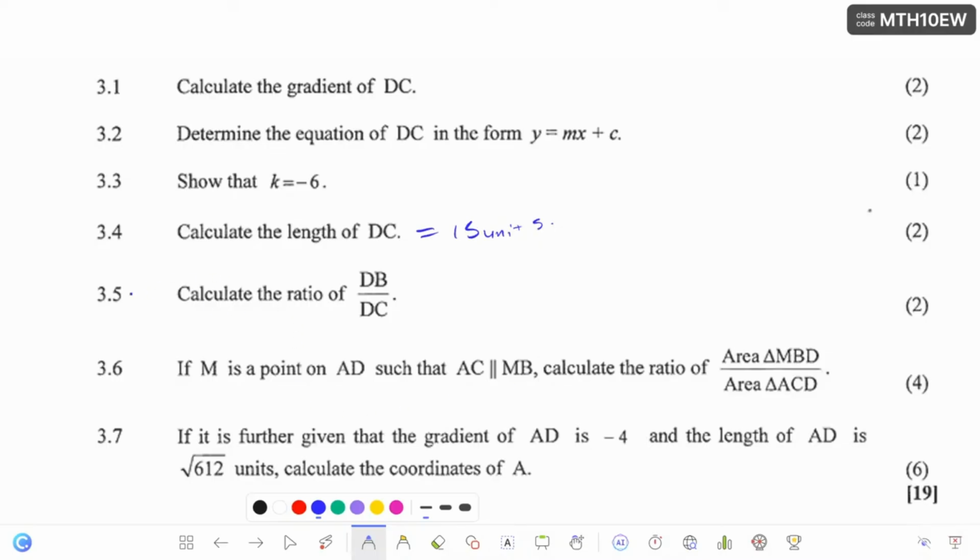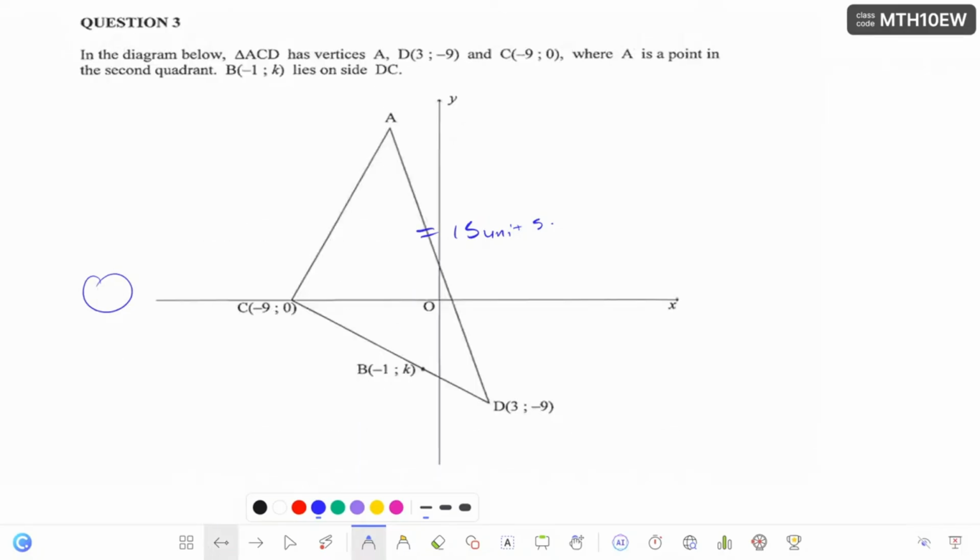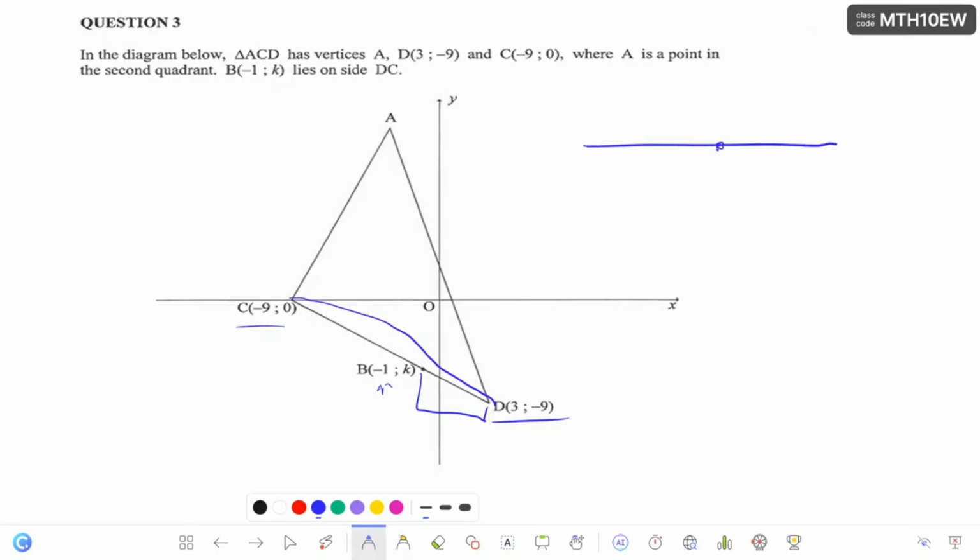So now they said to calculate the ratio of DB divided by DC. DB, which is this one, divided by what? DC. When they said calculate the ratio, here is BD, and the other one is DC.